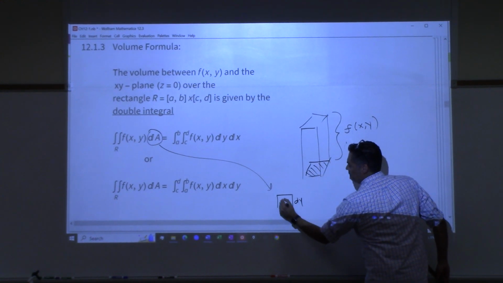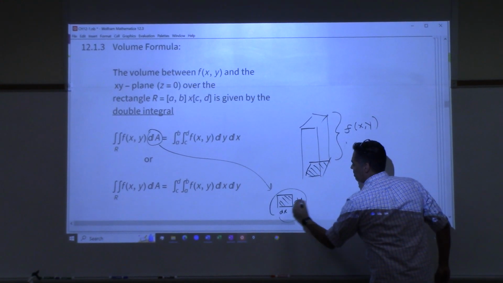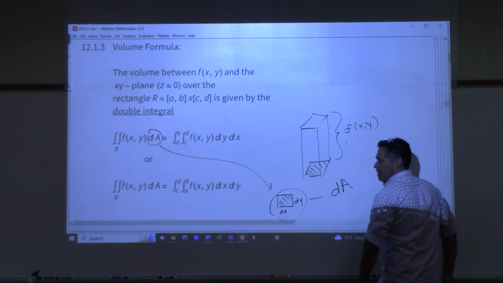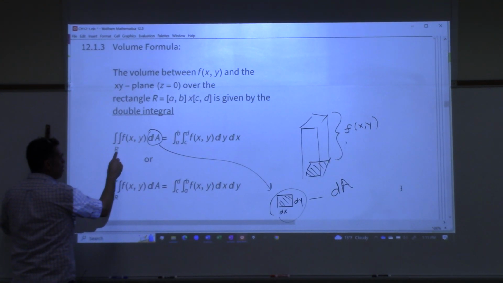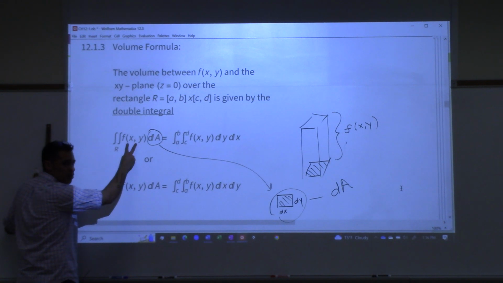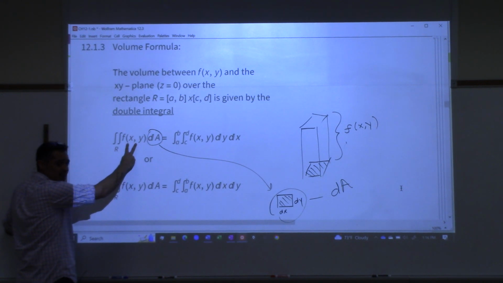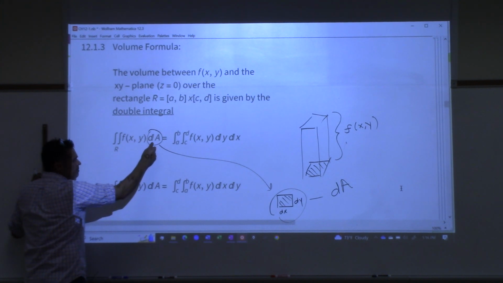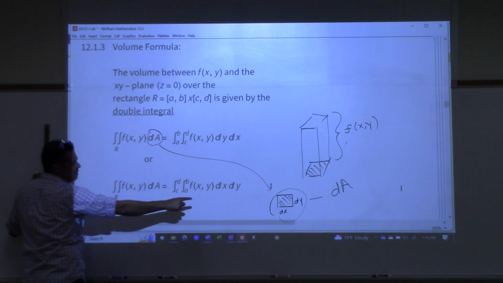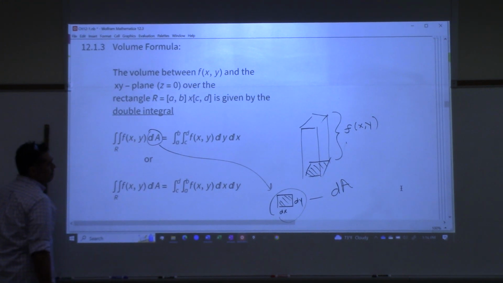That right there. We call that d capital A, all right? So you're doing a double integral over the rectangle R of the scalar function. That's a scalar function because it takes in numbers and spits out a number, right? Scalar function times dA, which is the dx times dy.